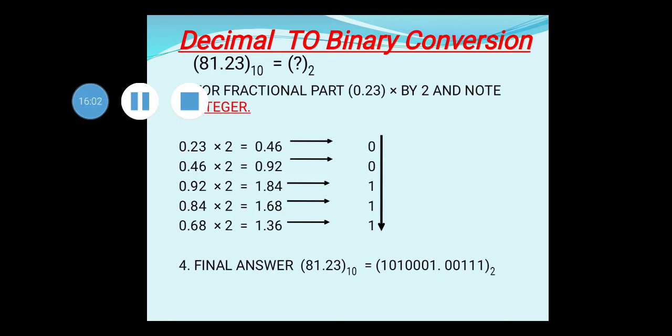So the binary of 81 is noted down, then the decimal point as it is, and then the binary of the 23 fractional part you are going to note down from top to bottom: 00111, and this is the final answer.